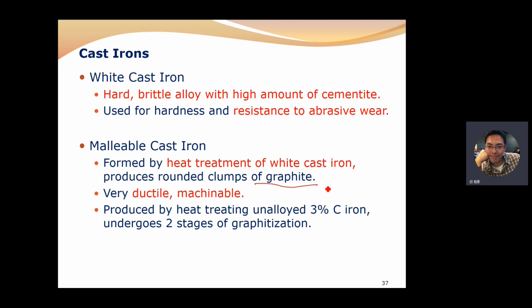The graphite formation will reduce the hardness of white cast iron. Therefore, it's very ductile and machinable, and can be produced by heat treating unalloyed 3% carbon iron, which undergoes 2 stages of graphitization.